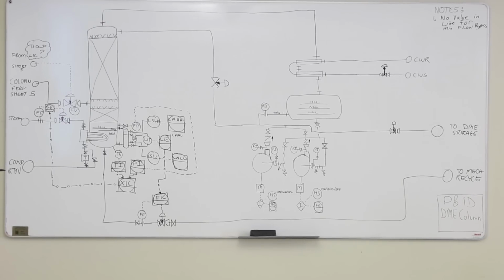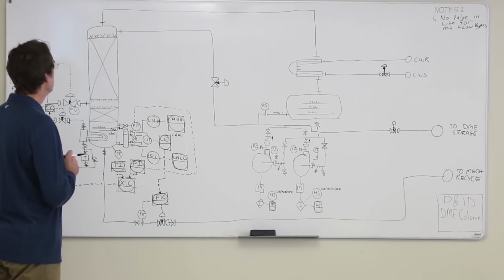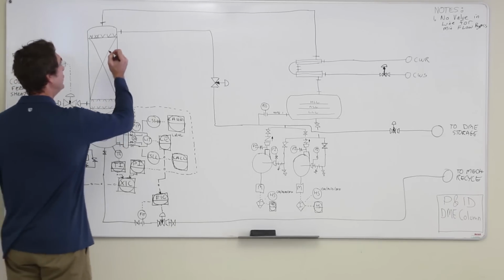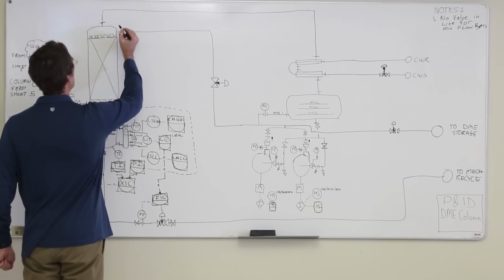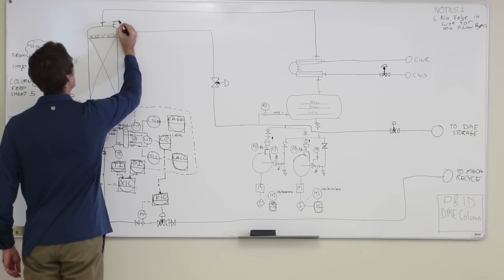Okay, let's do the top of the tower then. Now we really do need the pressure and the temperature on the top of the tower. And we're going to need to put relief valves in. So let's put the pressure transmitter in first.